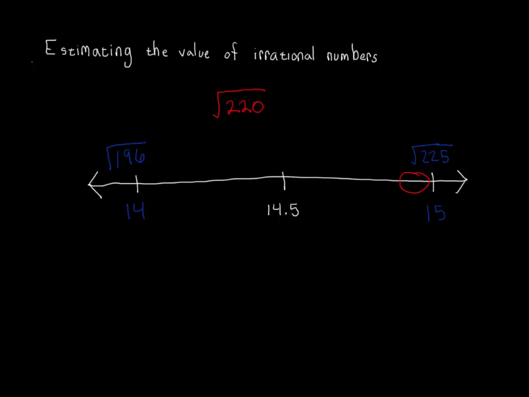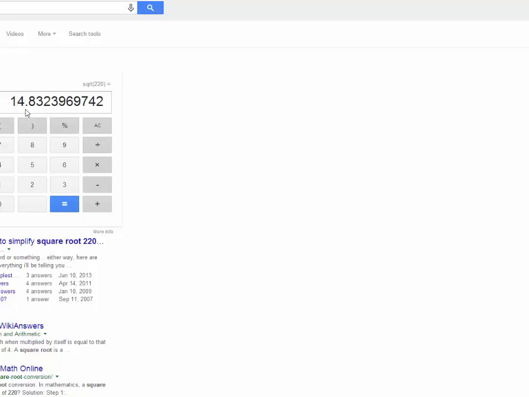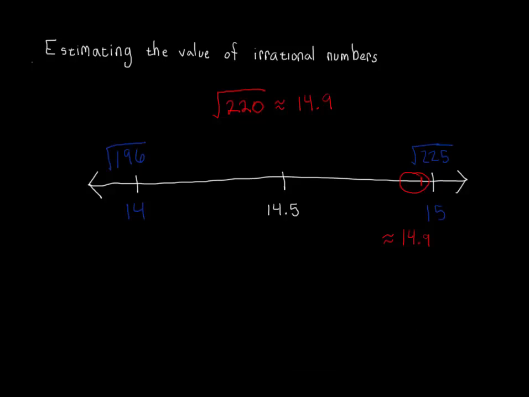And I'm just going to guess that the square root of 220 is approximately 14.9. So here we go, square root of 220, it was 14.8. So I was close, but I was guessing a little high.